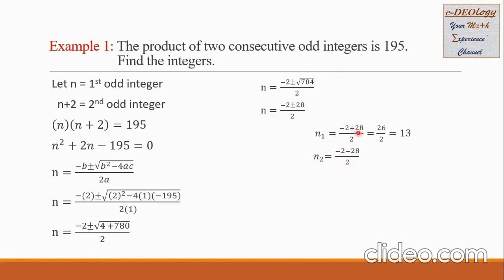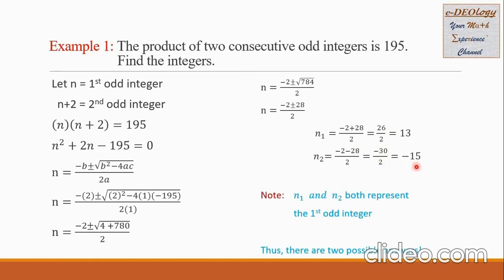To simplify n sub 1, this negative 2 plus 28 equals 26 over 2, and this is equal to 13. For the n sub 2, the negative 2 minus 28 is negative 30 all over 2 equals negative 15.